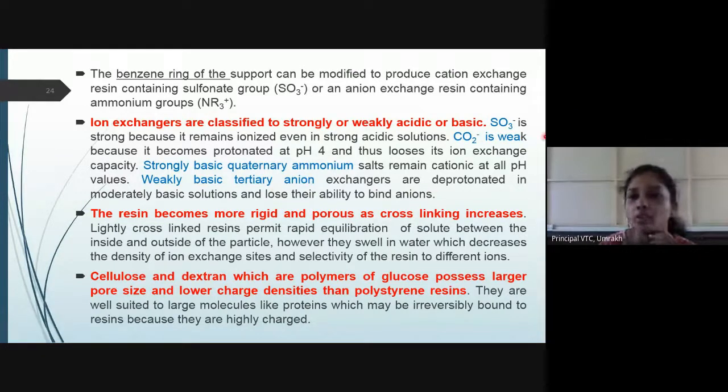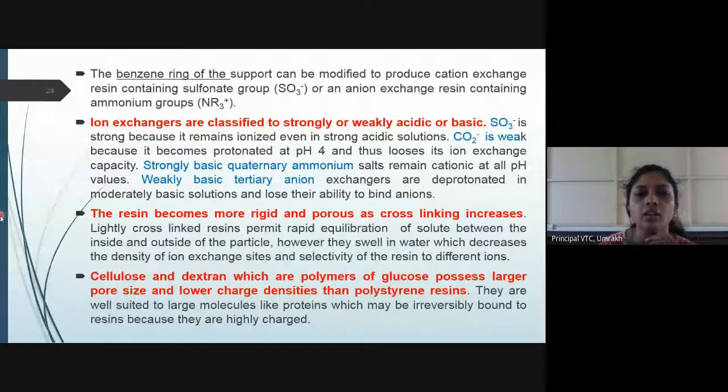So SO3 minus is a strong cation exchanger, while CO2 minus is a weak cation exchanger, while quaternary ammonium salt is a strong anion exchanger, while tertiary amines are weak anion exchangers.